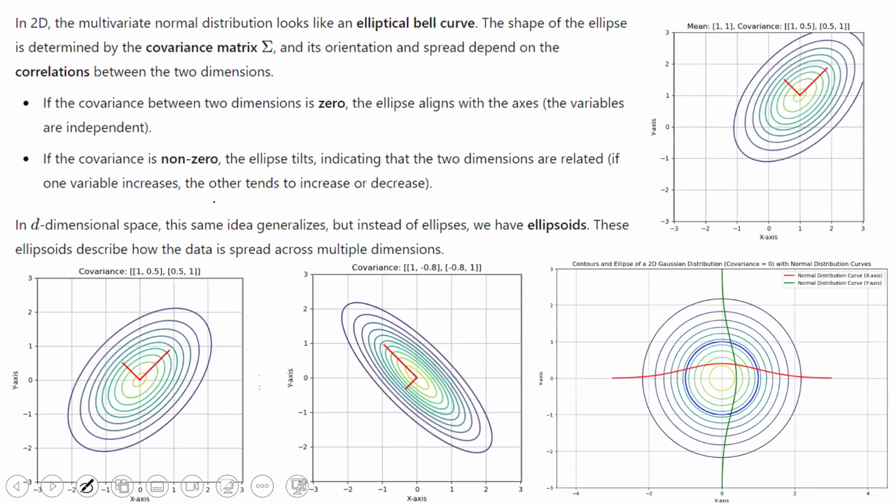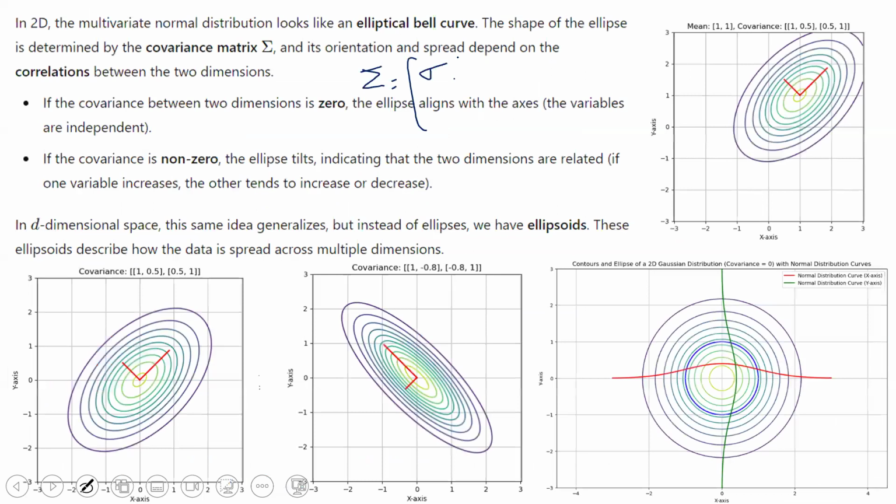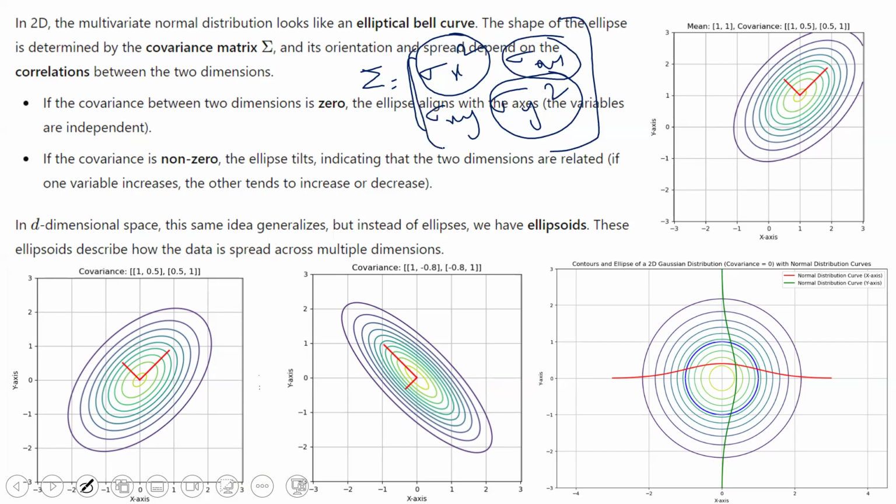Do you know what the covariance matrix is in two dimensions? It is sigma x squared, sigma y squared, sigma xy, sigma xy. What does this say? Variance along the x-axis. What does this say? Variance along the y-axis. What does this say? The covariance between x and y, right?